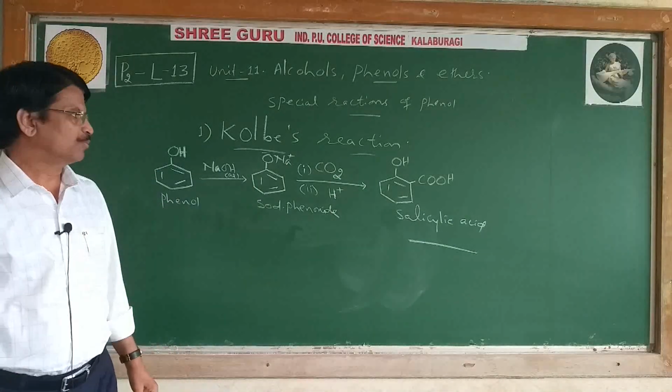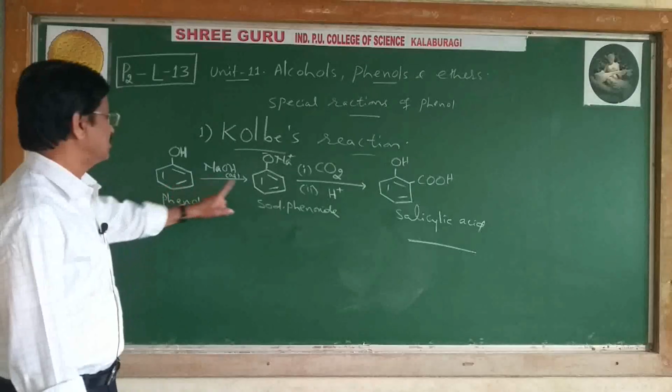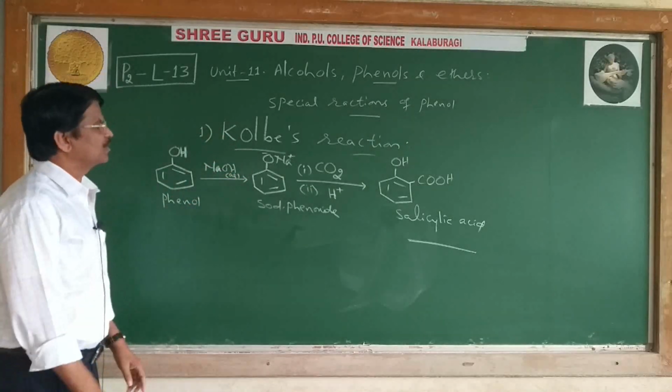So the final product formed is salicylic acid. This is the reaction in Kolbe's method.